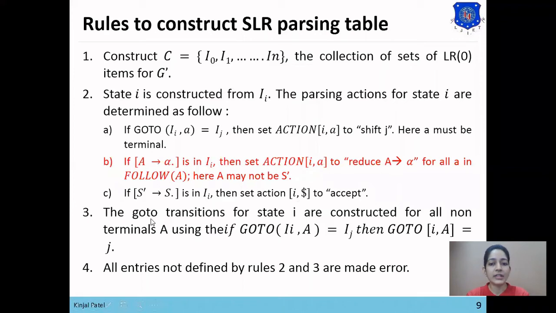The third rule is for the entries of non-terminals, which is also the same as the LR(0) technique: if goto(Ii, A) = Ij, then goto[I, A] = J. We make the entries of J for all non-terminals, while for terminals we make the entries of SJ. The fourth rule is that all entries not defined by rules 2 and 3 are made error.